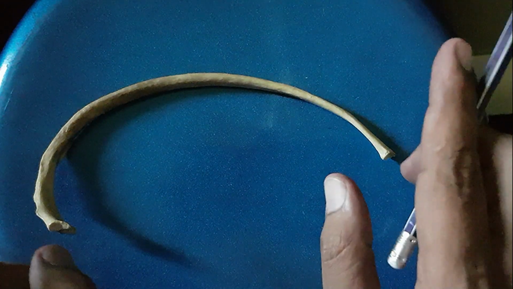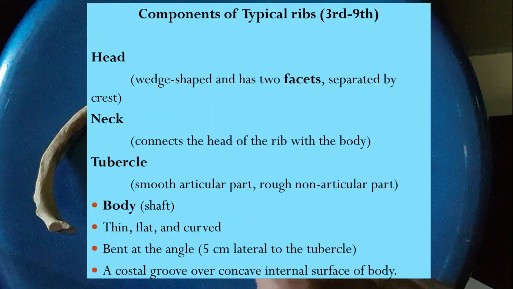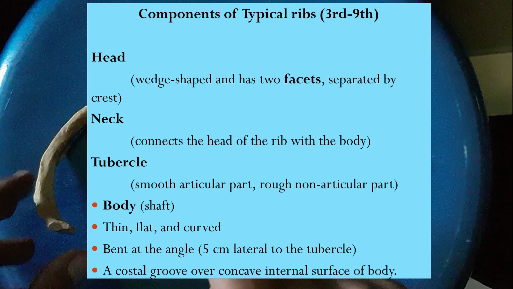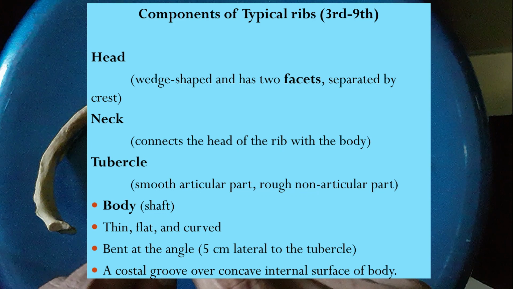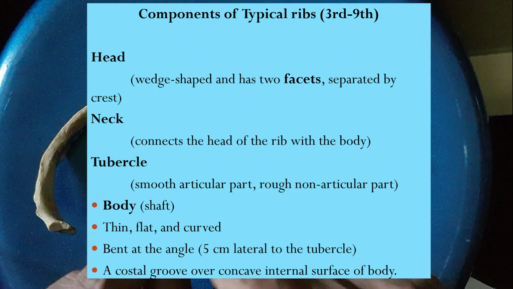Note down, all these are the features of a typical rib. If even a single extra feature is present, or even a single feature from these is missing, then that rib will be labeled as an atypical rib. I'll show you shortly what the atypical ribs are.